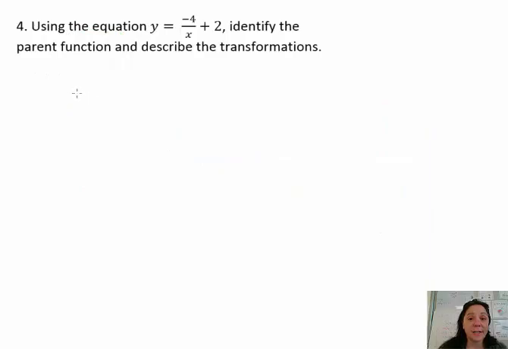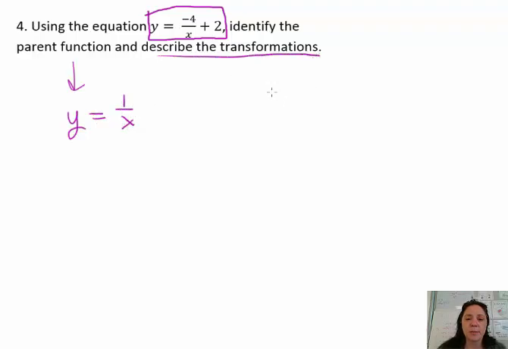All right, let's look at the next question. Here we have a transformed function, and we need to identify the parent function. So the parent function is going to be y equals 1 over x, and we need to describe the transformations.